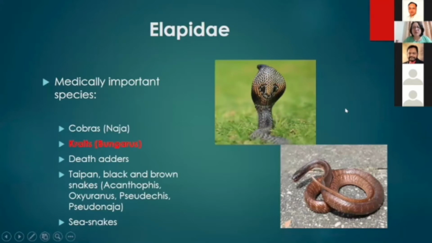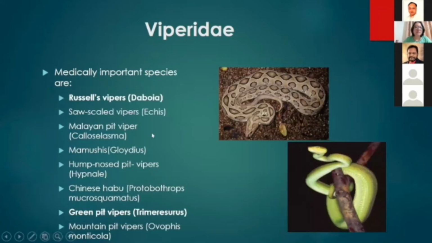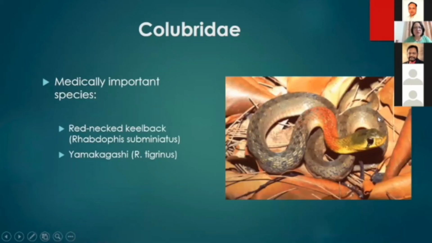Just a few pictures I would like to show about the medically important species. In case of Elapidae, king cobra, krait. In case of Viperidae, I've listed a few important snakes here: Russell's vipers, green pit vipers. In case of Colubridae, the medically important one is this red-necked keelback. These are wonderful creatures, beautiful creatures, I should say.